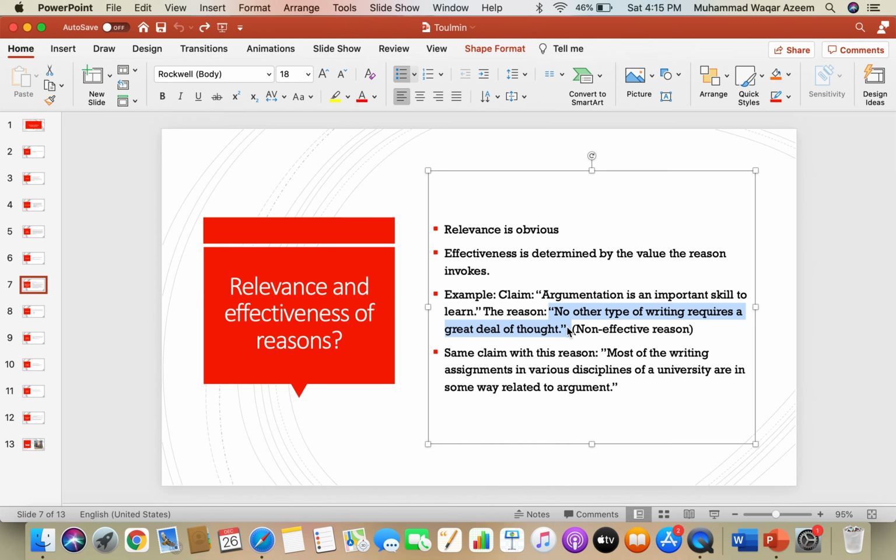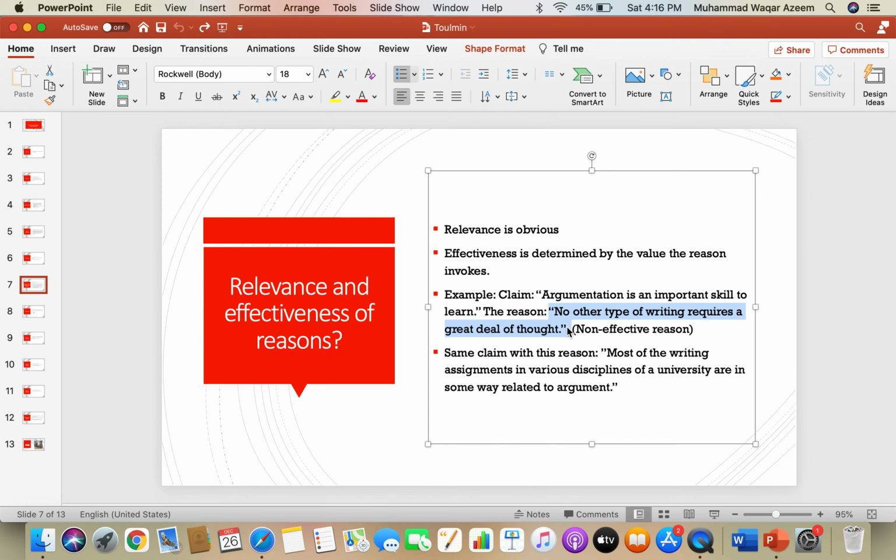Now, this reason, what does it say? It says argumentation is an important skill because no other type of writing requires a great deal of thought. So what? If argumentation requires a lot of thinking, so what?